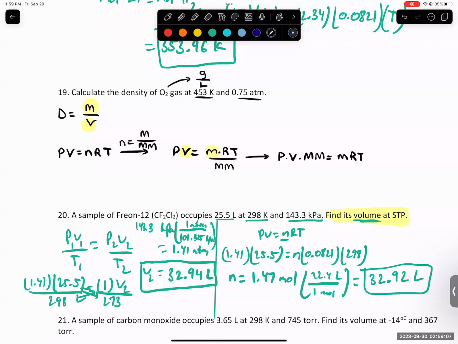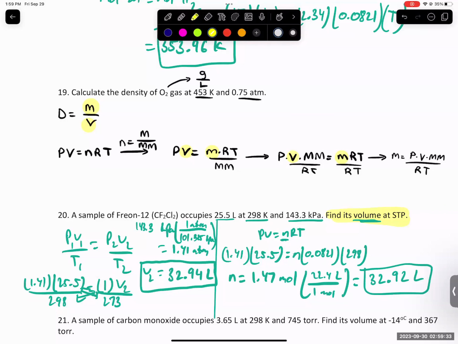But remember, the variable we're looking for is M over V. So now we need to divide both sides by RT, which gives us M equals P times V times molar mass over RT.